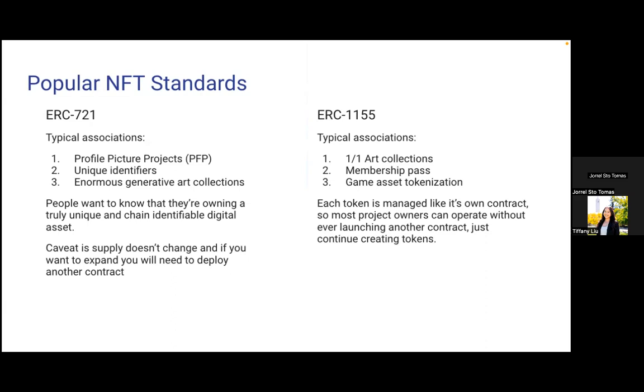They want to make money, so you can sell game assets. Each token is managed like its own contract, so most project owners can operate with just that contract. You can launch a token, set its own supply, launch a second one, set its own supply. But in 721, you're stuck with whatever you set. So yeah, that's it. It's very simple stuff.